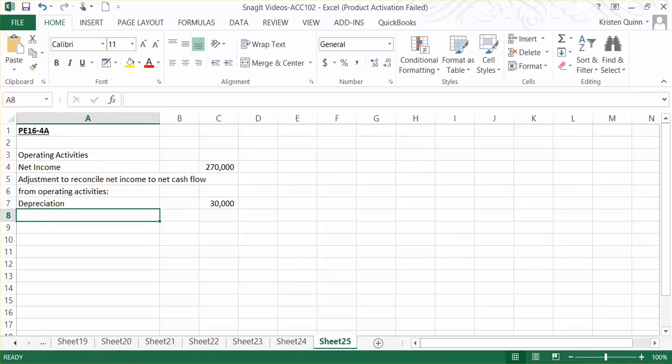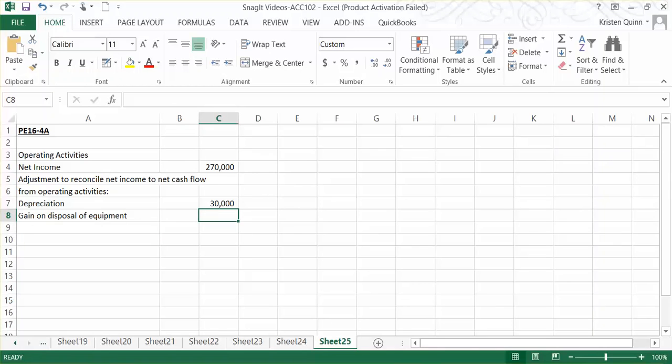They also tell us that we had a gain on the disposal of equipment. We know that equipment is a non-current asset. So any gain or loss on any non-current asset is handled in the investing section of our statement of cash flow. Therefore, we do not want to double count that.